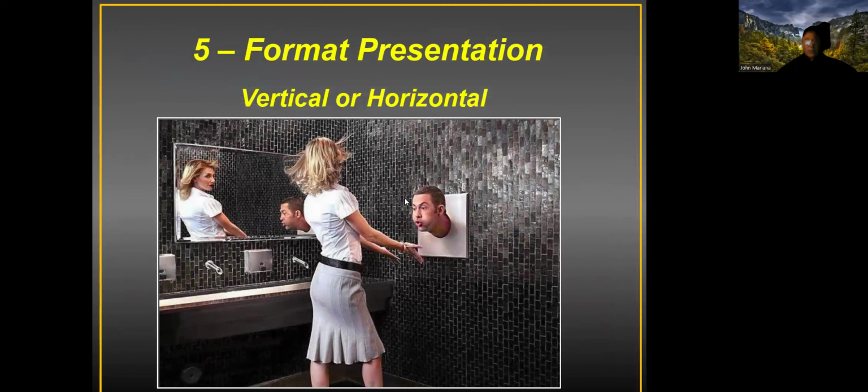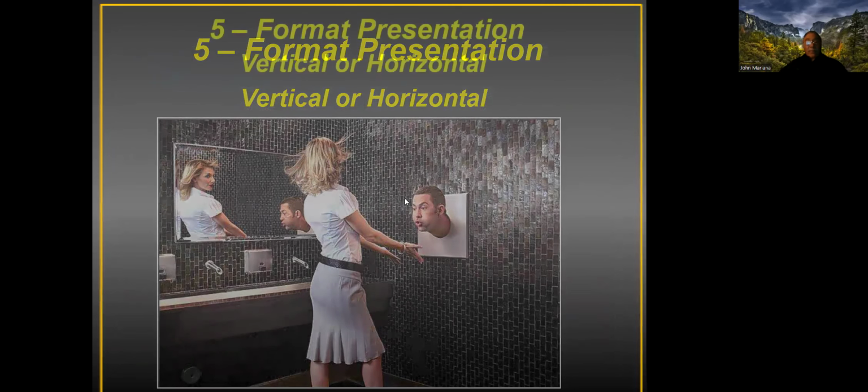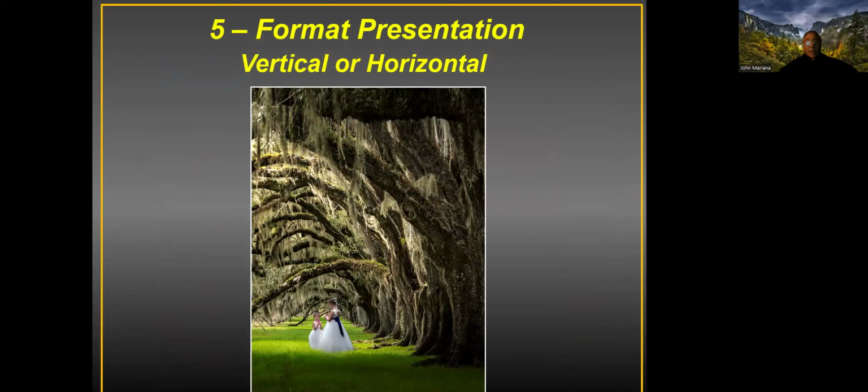Now, do you do vertical or horizontal? Shot this in, no, I don't remember. Savannah. Yeah, it's in Savannah. And the two little gals and all those trees framing them. And so as a vertical, it works really well.